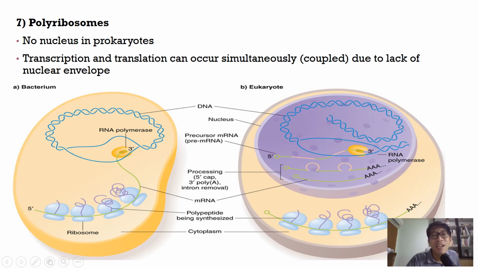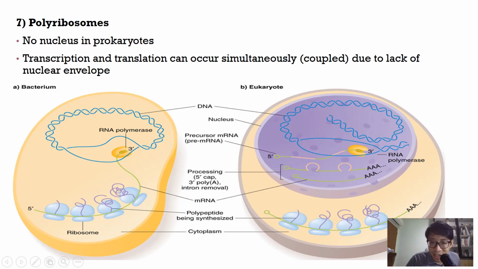Only when the mature mRNA leaves the nucleus and enters the cytoplasm can translation be initiated. So in the eukaryote, you don't see simultaneous transcription and translation like in the prokaryote.